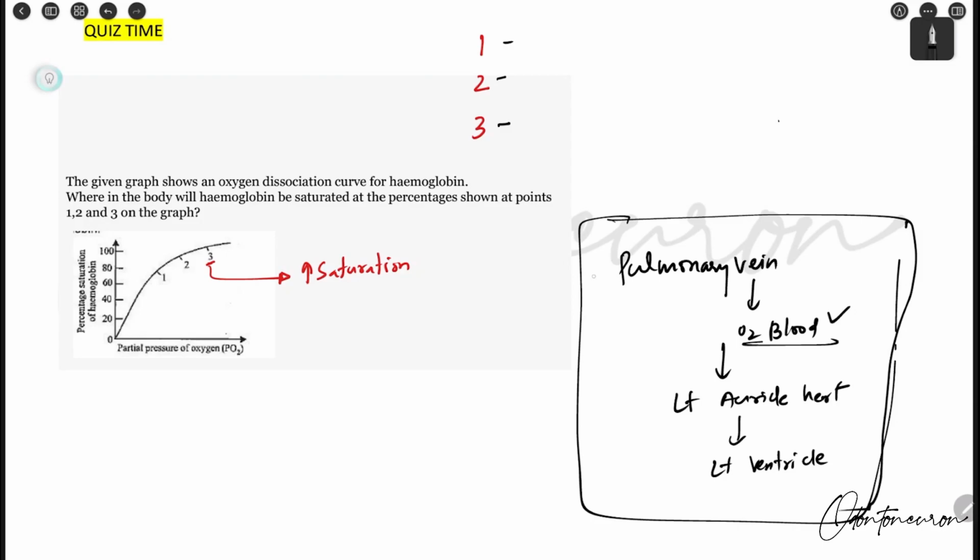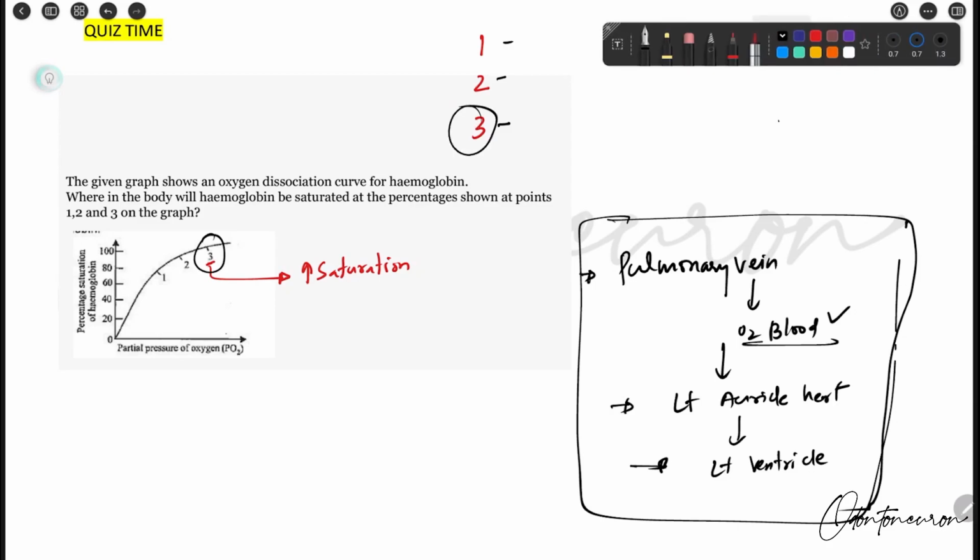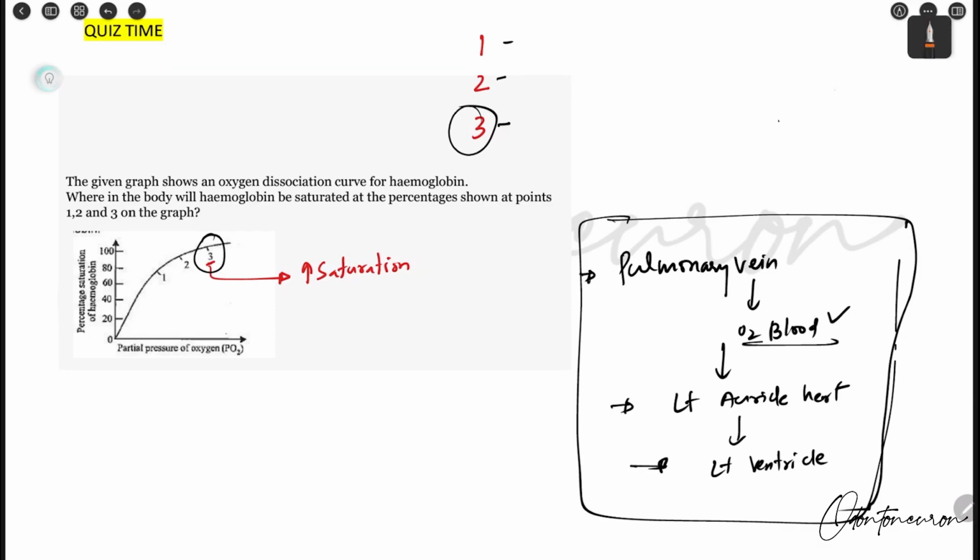By saying this, what do you think point 3 will be? The 3 shows the highest concentration of oxygen, so the highest concentration will be the pulmonary vein. 2 is medium, so medium will be the left auricle. 1 is the left ventricle. Clear?